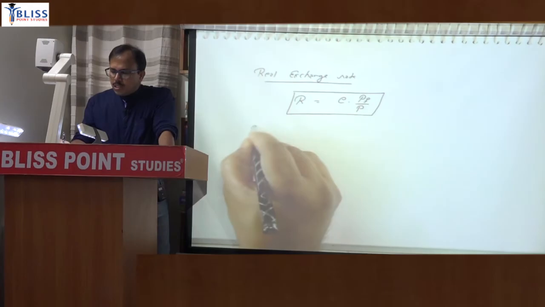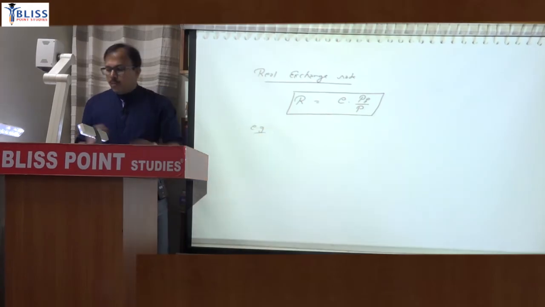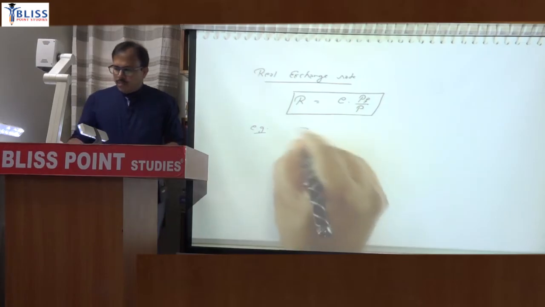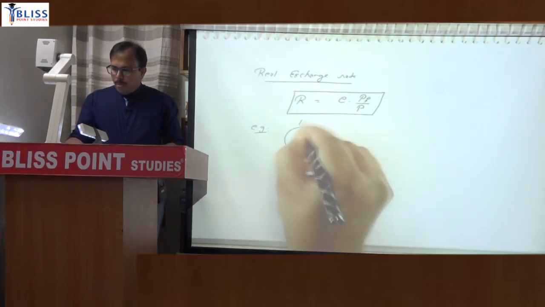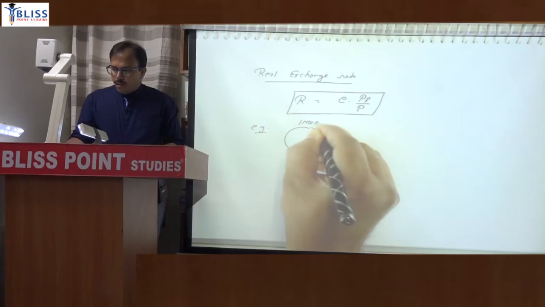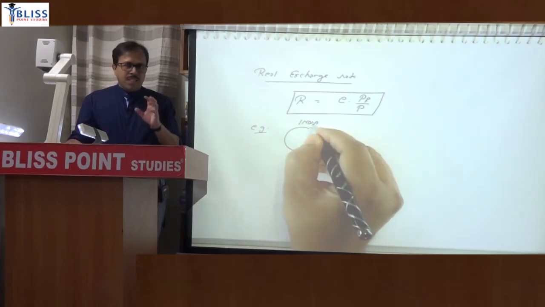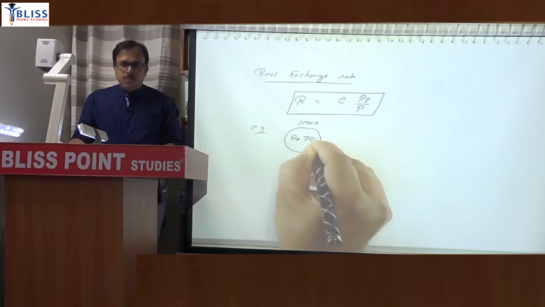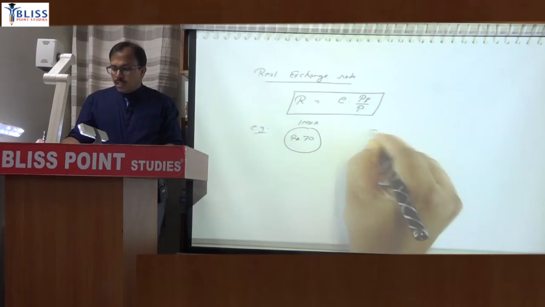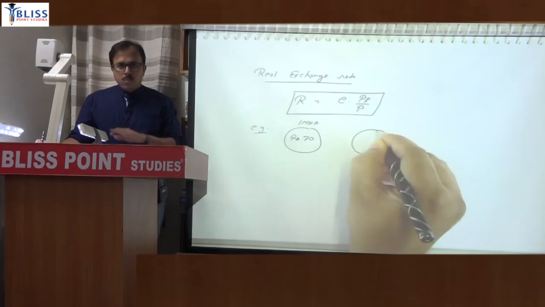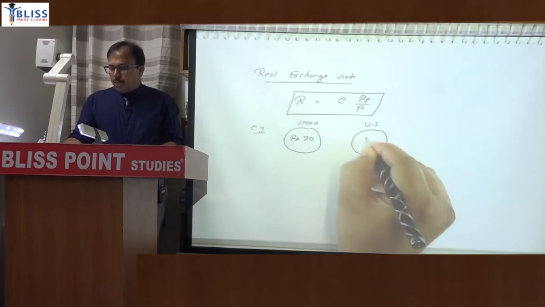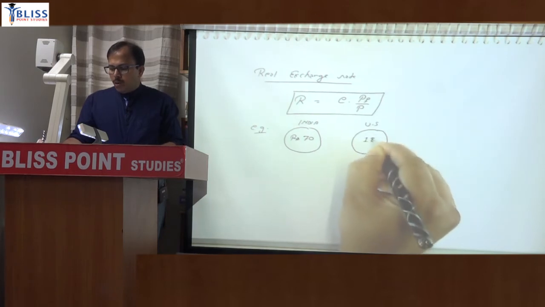So just consider this example. This example will make things more clear. Suppose I take a basket of goods in India, and to purchase that basket in India it requires 70 rupees. Consider the same basket, goods must be same, but in US the same basket can be purchased for $1.